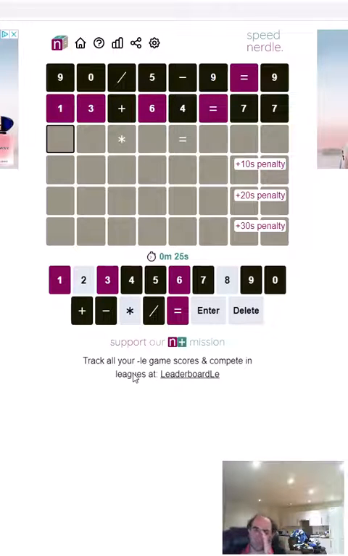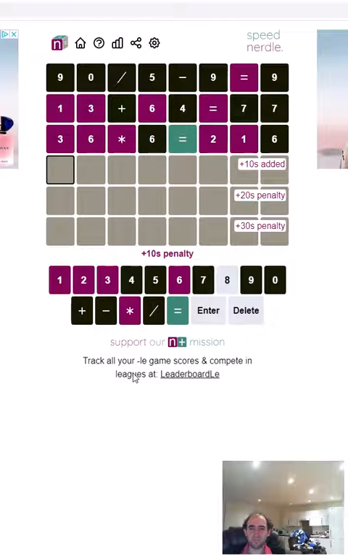Let's just start with that. 36 times 6 equals 216. Oh, times is not even in the right place. We're really struggling here. At least we got the equals right, but I was kind of confident that that would be the case.